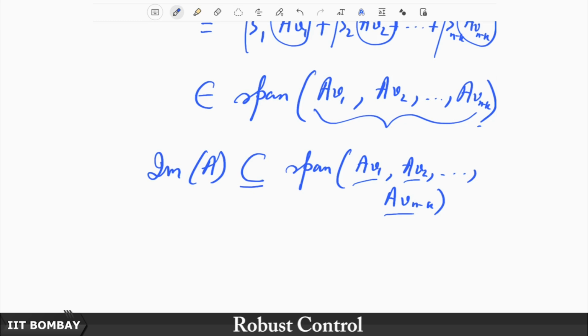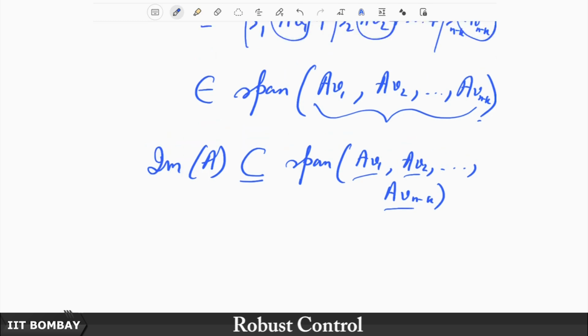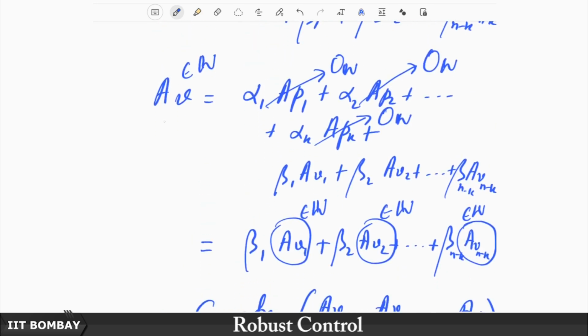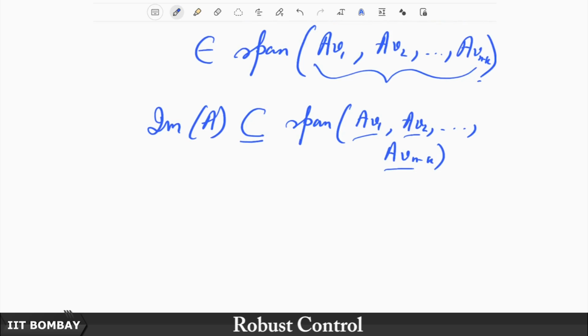Another way of saying this is, if you want to prove two subspaces to be equal, you have to show that both are contained in each other. So what we have seen here is that you take any element in the image of A, it's contained in the span of these vectors. Now on the other hand, if you can show that any time some element is contained in the span of these vectors, it is also contained in the image of A, then we would be done. So what do we need to prove in order to show that?